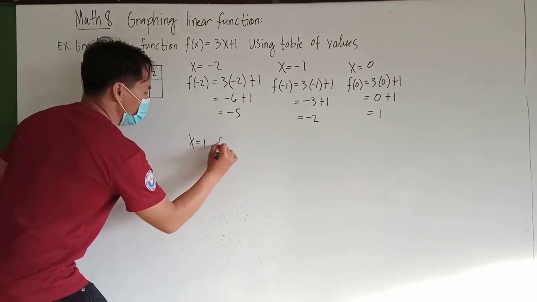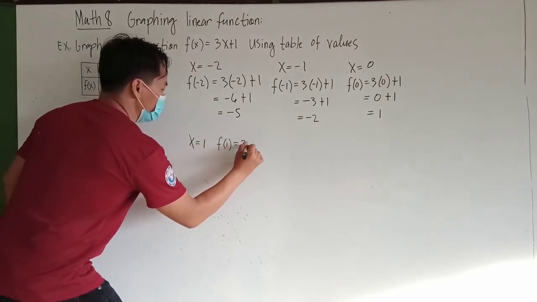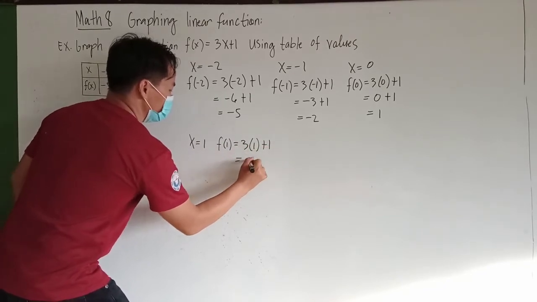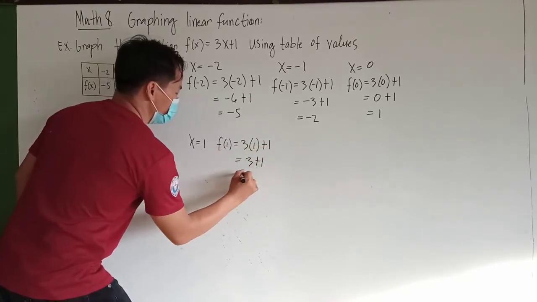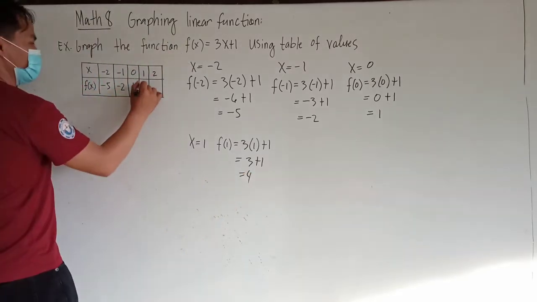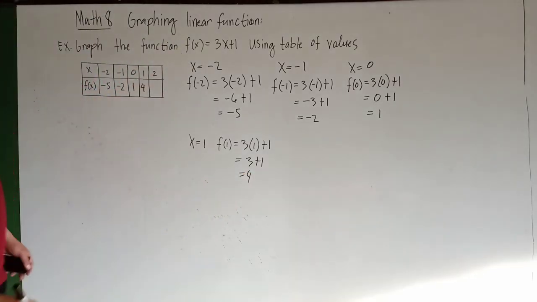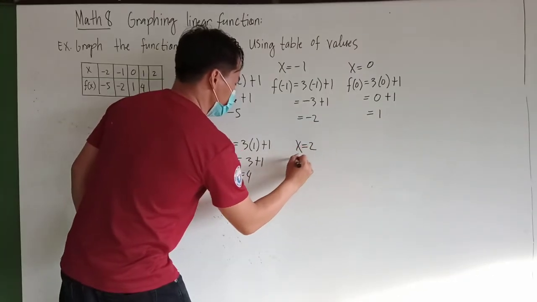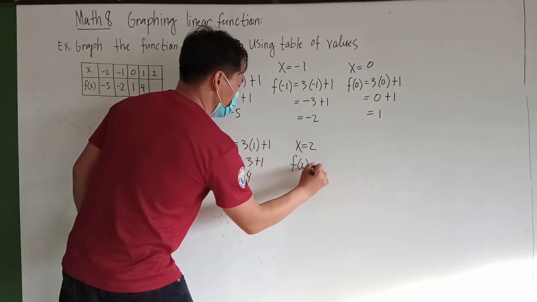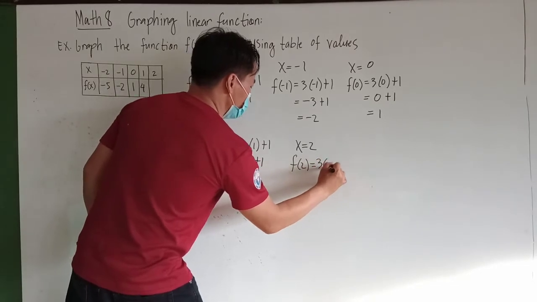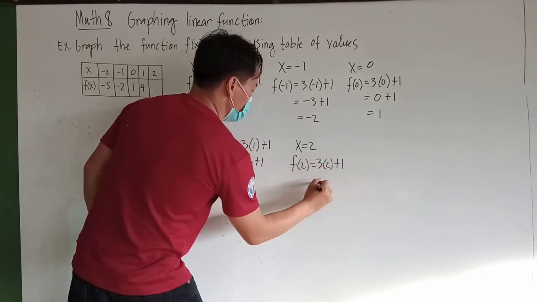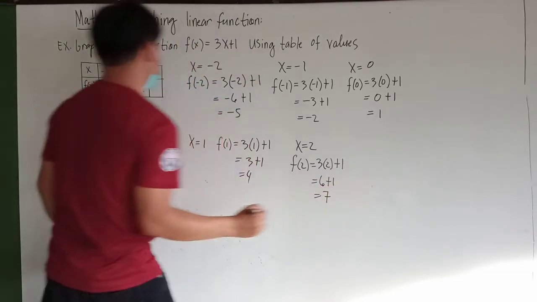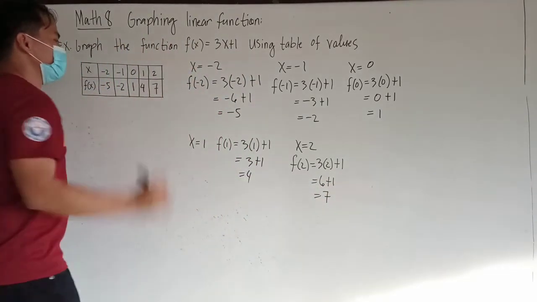So f(1) = 3 times 1, plus 1. We have 3 plus 1, which is 4. So we have 4 along with 1. Next, when x = 2, using the same function, f(2) = 3 times 2, plus 1. Then we have 6 plus 1, and that is 7. So we have 7 here.